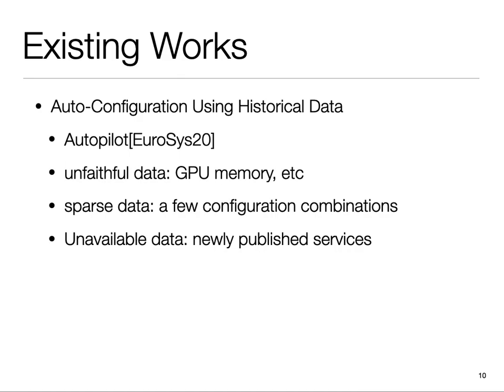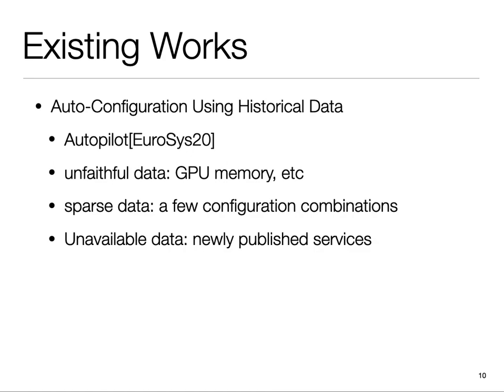As we can see, it's essentially a hyperparameter tuning problem, and many auto-configuration approaches have been proposed. One common approach is to find the optimal configuration based on the workload's past executions. For example, Google's Autopilot learns the optimal configurations by analyzing trace data. However, we found that machine learning frameworks such as TensorFlow occupy all the available GPU memory when running an ML workflow.